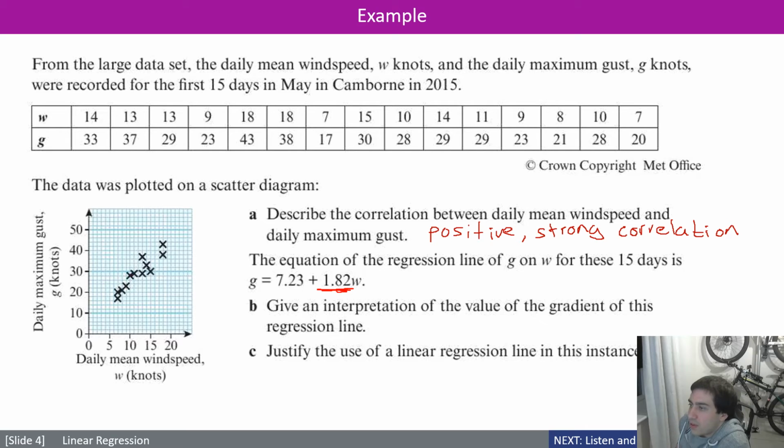Okay, and then C, justify the use of a linear regression line in this instance. So here's the thing, and something I haven't perhaps mentioned enough. The calculator, no matter what set of numbers you give it, will always give you an A and a B. However, not all sets of bivariate data are actually correlated.